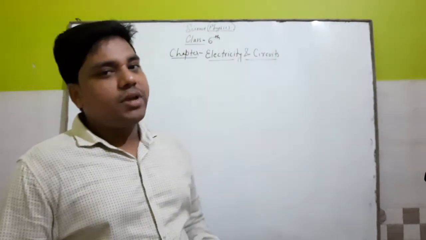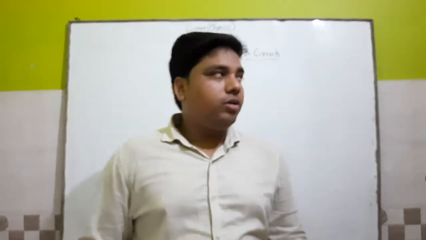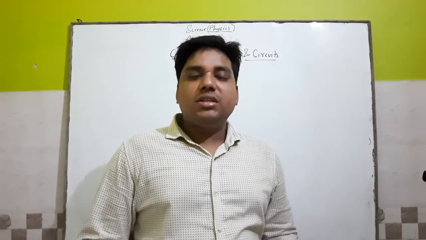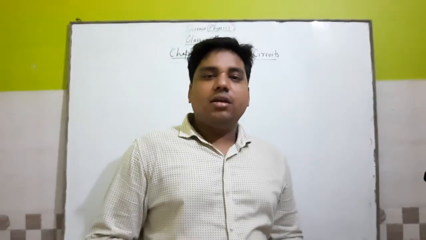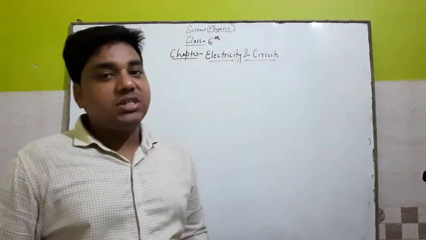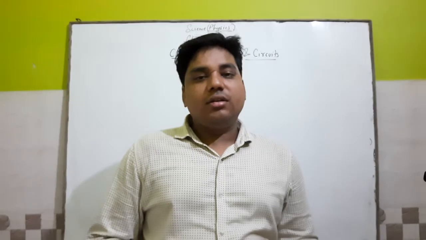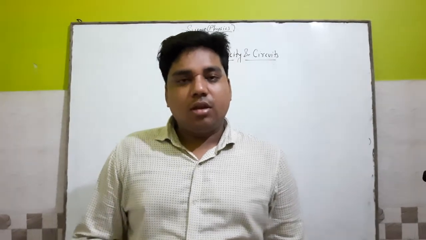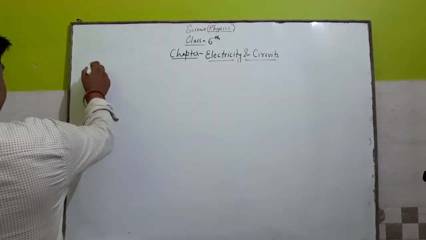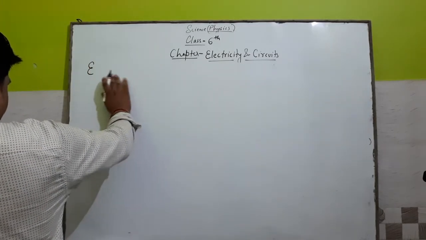But now in this class we are going to start a new topic, that is the circuit diagram. How is a circuit diagram formed, and what electrical components or symbols are used in it? Let's see here. First we know what a circuit diagram is.